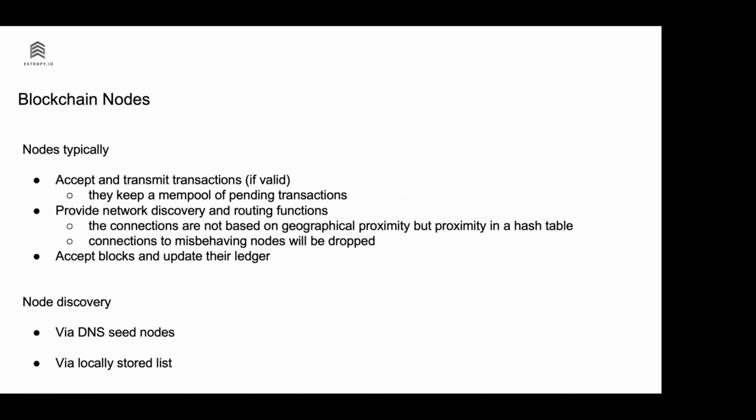And then in terms of what the nodes typically do, they will accept transactions and retransmit them, but they do some validation of the transactions that they receive. So they will not pass on transactions that are not valid. So if you send a transaction to a node where you're trying to spend, for example, some Bitcoin that you don't have, then that node would detect an invalid transaction, would drop it, and wouldn't pass it on further.